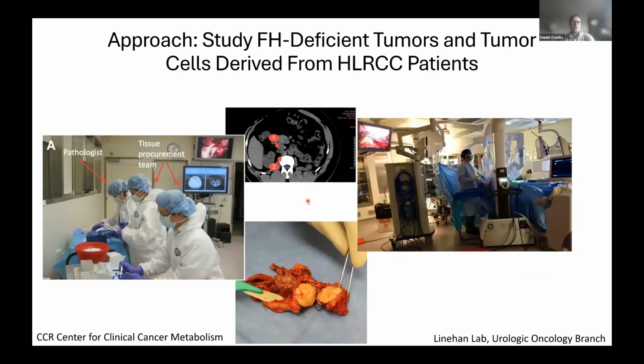And so our approach to studying this is to use very fresh tissue from the operating room. We really aren't studying mouse models of this. We do have preclinical models, xenograft models, but mainly my interest is in looking in the human model. And so we try to procure these tissues as quickly as possible because metabolites change quickly.